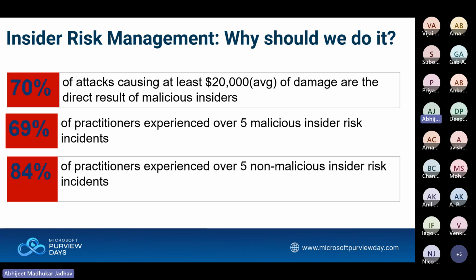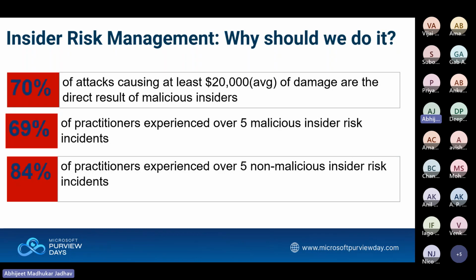In a recent survey by the Carnegie Mellon Security and Privacy Institute, they found that almost two-thirds of organizations have experienced at least 5 malicious insider threat incidents in a year. At the same time, around 60% have experienced over 10 inadvertent data incidents by employees.